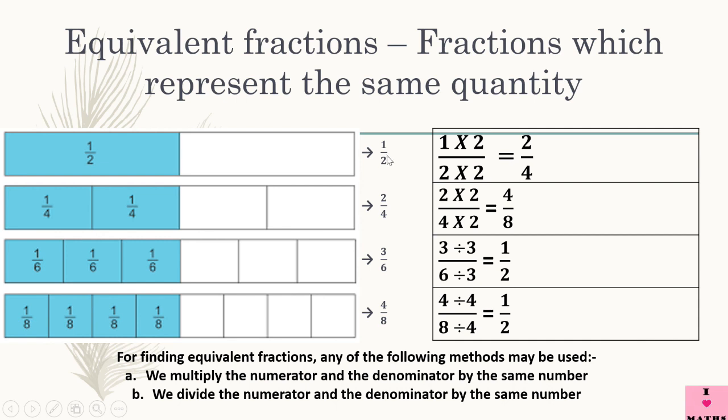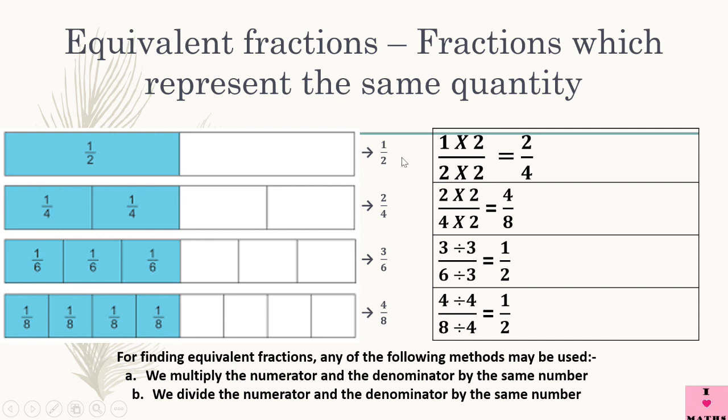So 1 upon 2 is equal to 2 upon 4 is equal to 3 upon 6 is equal to 4 upon 8. These 4 fractions are equal to each other. So these fractions are called equivalent fractions.